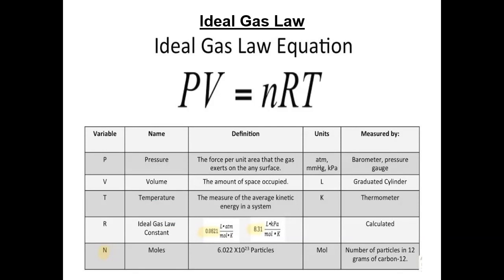If it's 6.022 times 10 to the 23rd, it's gram moles, so we have to be careful with that particle count. But we can work in kilogram moles or ton moles or pound moles or whatever designation of moles we want to. The 6.022 times 10 to the 23 is only for a gram mole, the number of particles in 12 grams of carbon 12.